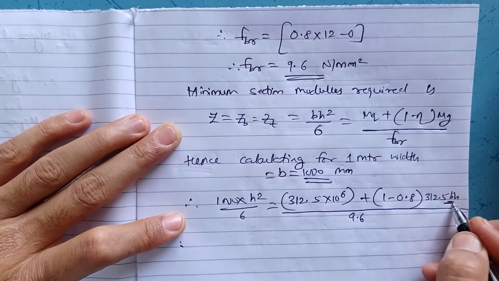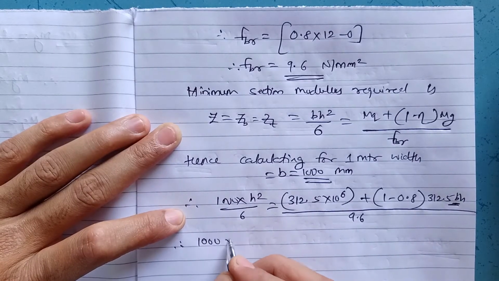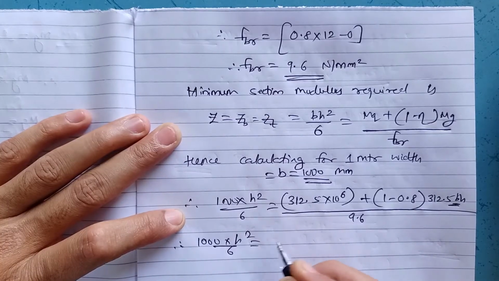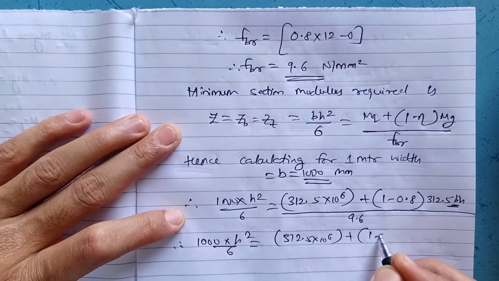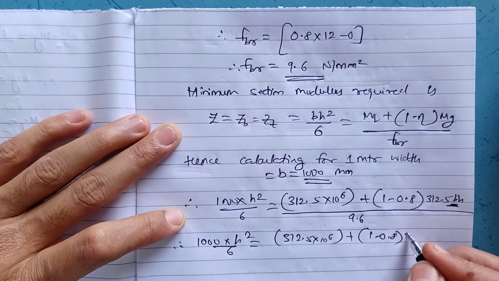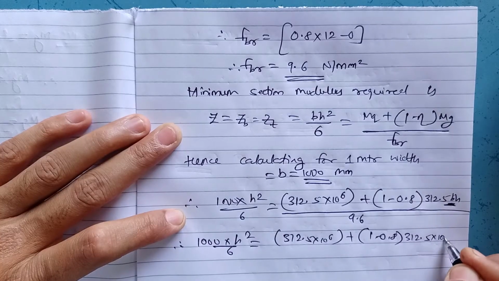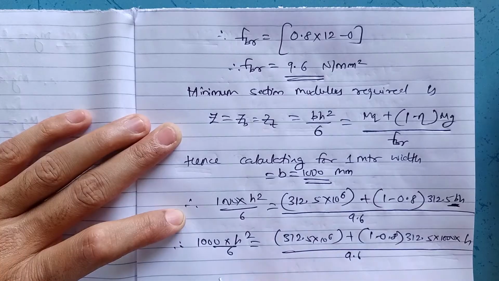Again substitute this B as 1000, that is per unit width of slab panel. 1000 into H square by 6 is equal to 312.5 into 10 raised to 6 plus 1 minus 0.8, 312.5 into 1000 into H, H is unknown, divided by 9.6.